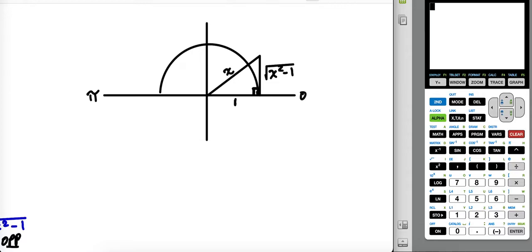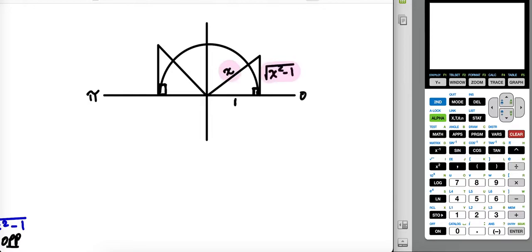Now, if I move this into the other relevant part of the restricted region, let's say somewhere over here, we could get a negative result for the arc secant. The only issue is, what is going to be negative? The hypotenuse is always going to remain positive.